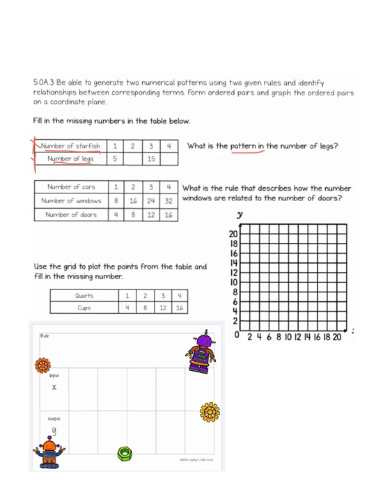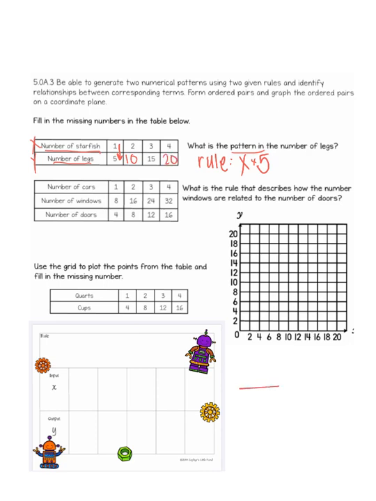It tells me that each starfish has 5 legs. So my rule is to take my input, the number of starfish I have, and multiply that by 5 because each starfish has 5 legs. If I had 2 starfish, that would be 10 legs, 3 starfish, 15, and 4 starfish, I'd have 20 legs.